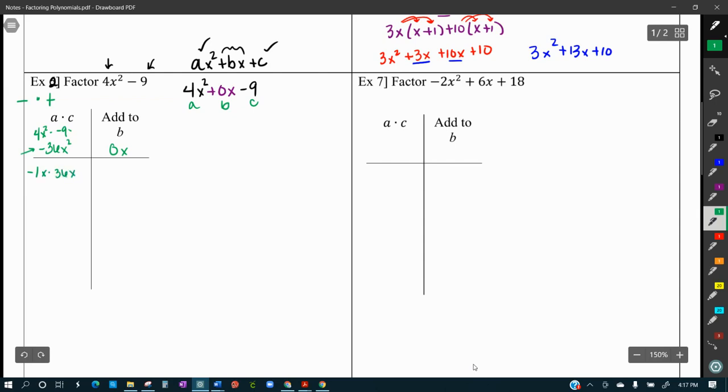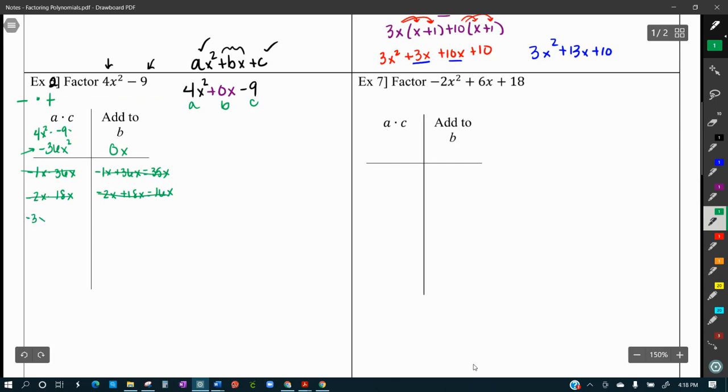I know that will multiply to be a negative 36x squared. But if I add them up, negative 1x plus 36x, I get 35x, which is not 0, so this is not the correct number combination. So then we try the next one. Negative 2x times 18x. Negative 2x plus 18x is 16x. And again, that's not 0, so that's not going to work.